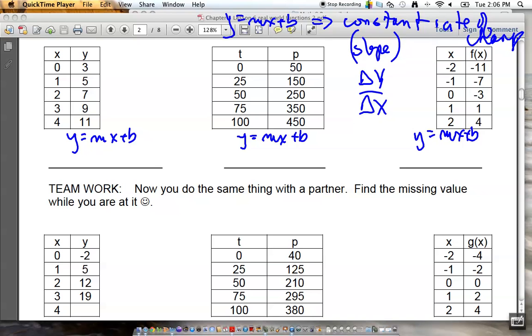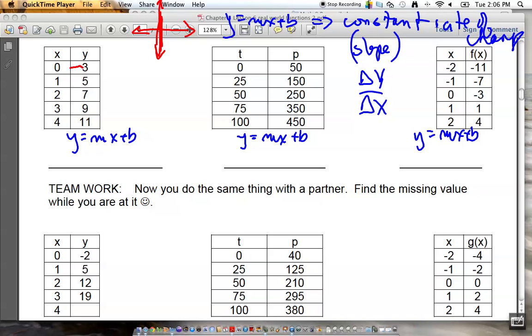Now, I always like to start with the y-intercept because it's so easy. Rich, you with me here? What does the y-intercept mean? It's where it crosses the y-axis. When you look at the y-axis, what's the x value at the y-axis? 0.